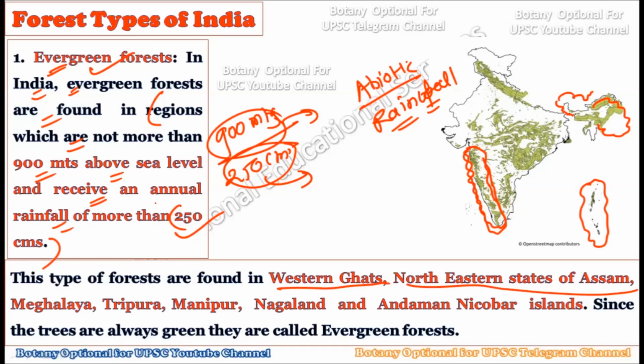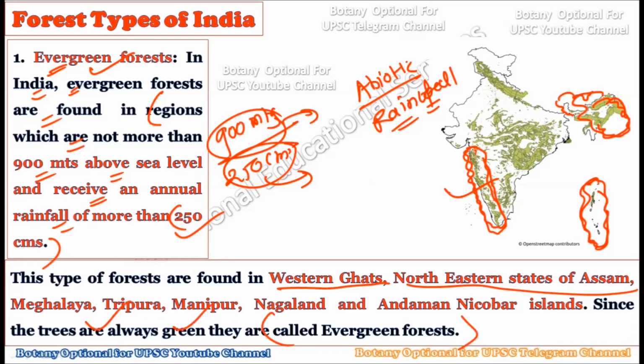They always look green, and that is why they are rightfully described as evergreen forest. So the areas occupied by evergreen forest in India are the Western Ghats, the northeastern states, and the Andaman Nicobar Islands. Since the trees are always green, they are called evergreen forest.